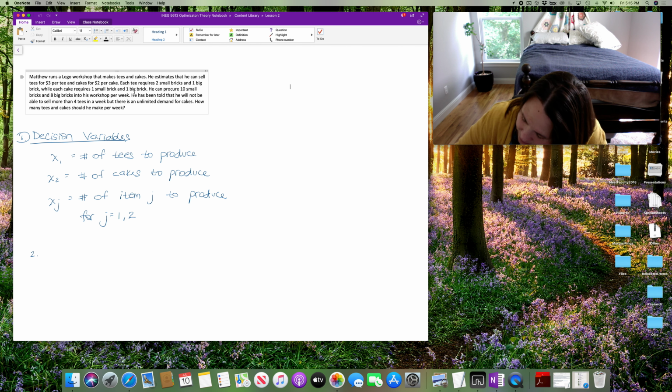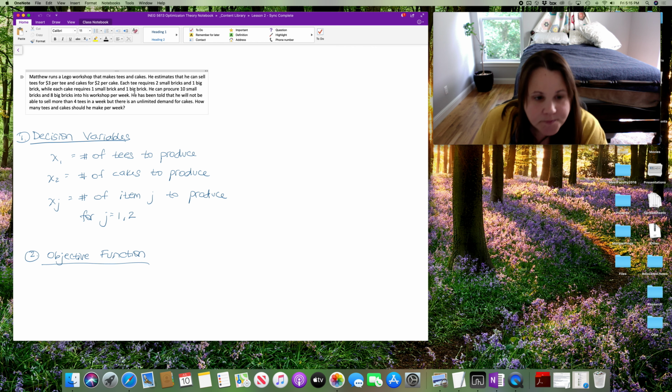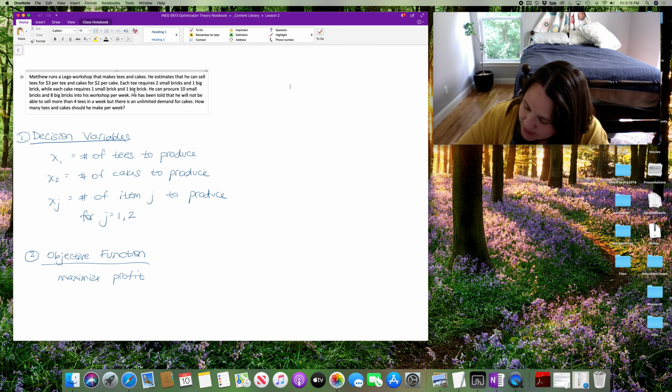Second, we're going to work through our objective function. Okay, objective function, what's our goal? What's our motivation? For our particular problem, we're trying to maximize our profits or revenue there. And so objective function always has a min or a max, and so our particular problem is max.